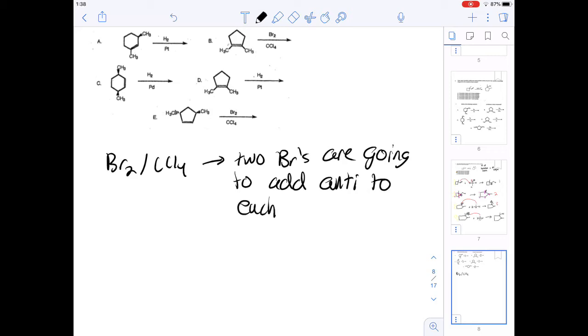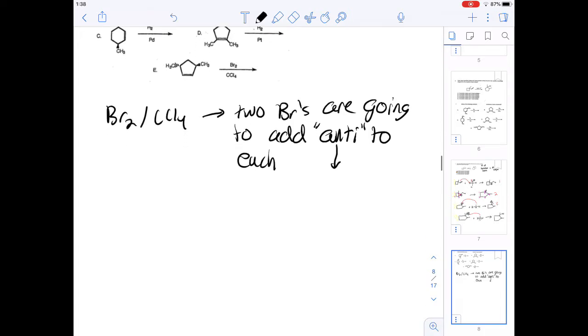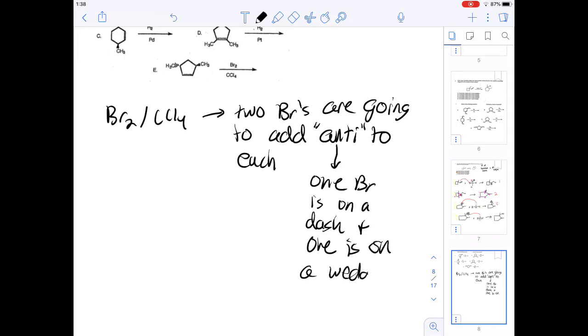And what this means, anti, is just that they will not have the same stereochem. So one Br is on a dash and one is on a wedge. And this is because of the ring intermediate you have in the Br2/CCl4 mechanism. So I'm going to give you the mechanism right now.